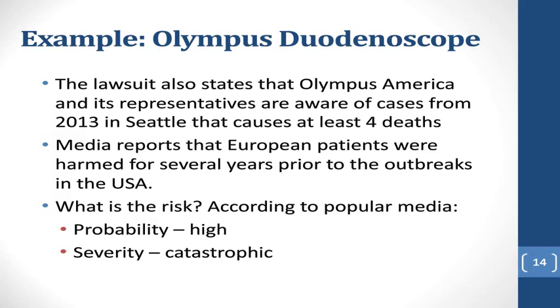Anyway, going back to what does that mean about risk? Well, if I'm just reading the popular media, articles in CNN and the LA Times, the probability seems like it would be really high, and the severity would be catastrophic.